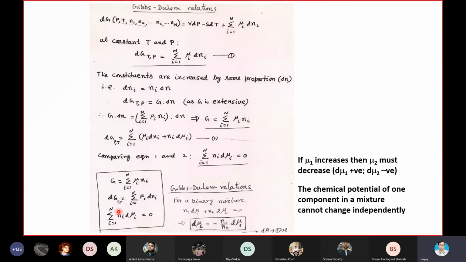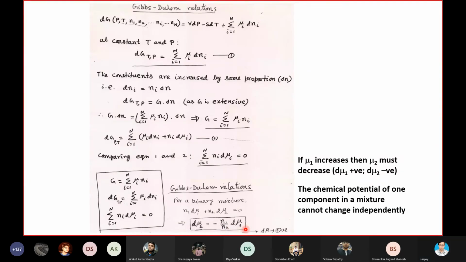Now this third equation has a very important significance. What is the significance? Suppose you take two components, or a binary mixture. According to this expression, n1 d mu1 plus n2 d mu2 equals 0. So I can write d mu2, the change in the chemical potential of one of the components, like that: minus n1 by n2 into d mu1.